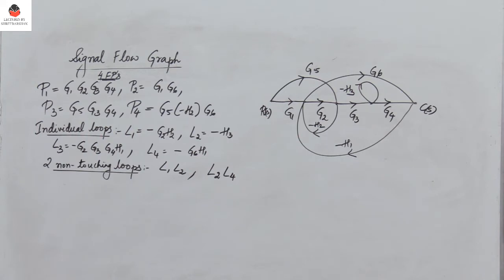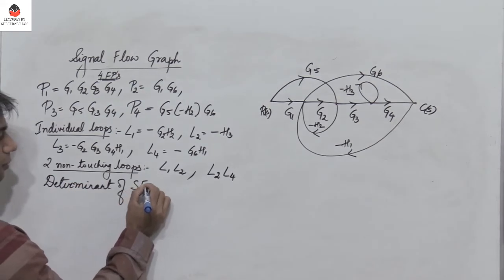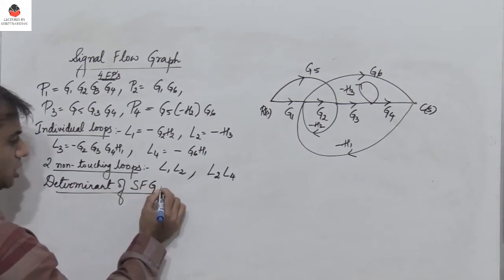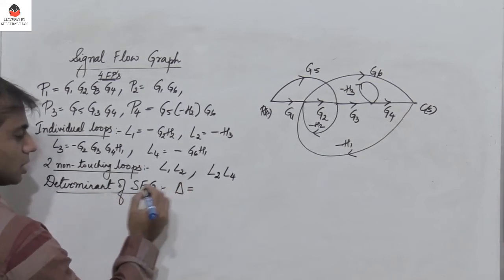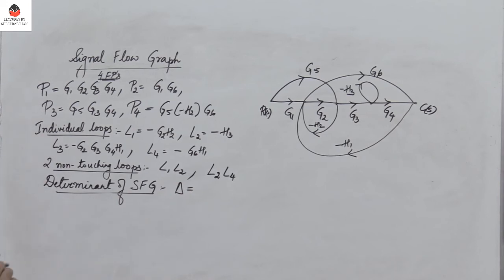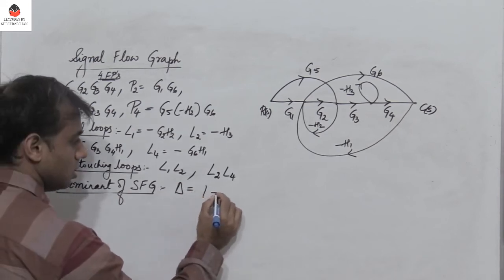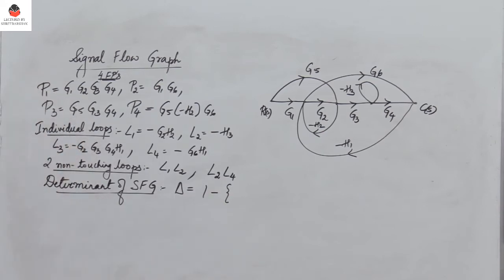After you find this, we find the determinant of the signal flow graph, SFG in short form. How do you do that? You need to calculate the determinant. What does the determinant formula tell us? It is 1 minus all the loop gains, right?